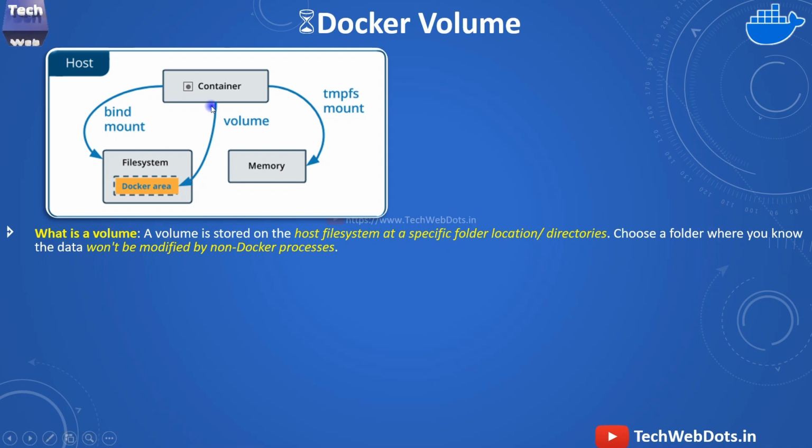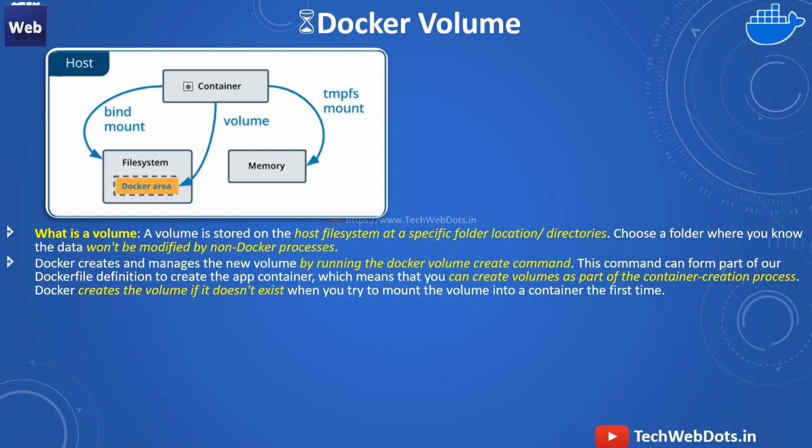We are talking about this middle arrow, which is creating some space in the host file system, and this area will only be modified by the Docker system, or you can say only by the Docker process. This is the important point when we are using the Docker volume.